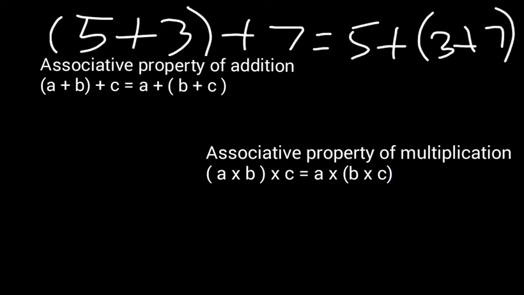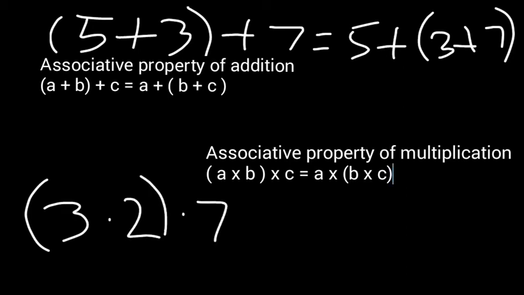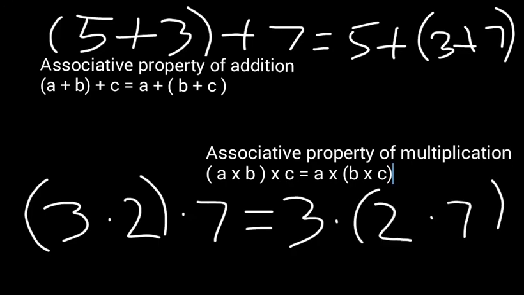So 5, 3, and 7, same order. 5, 3, 7. The parentheses shifted. The parentheses are the only thing that moved. Multiplication. 3 times 2 times 7 equals 3 times 2 times 7. They're just grouping different parts. That's what associative property of addition looks like.